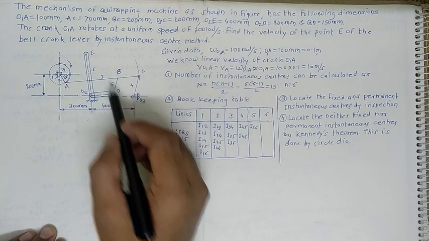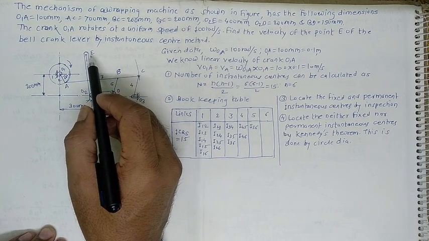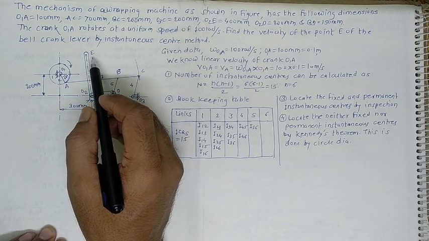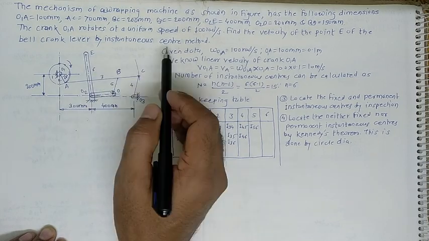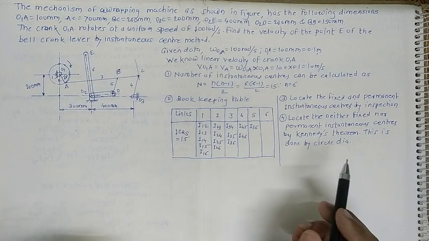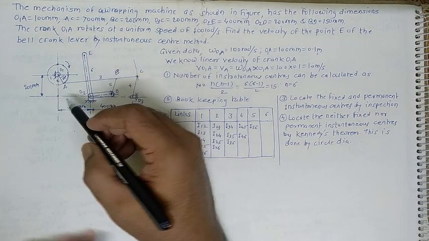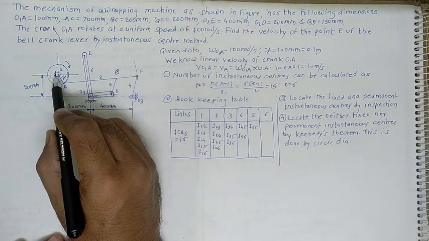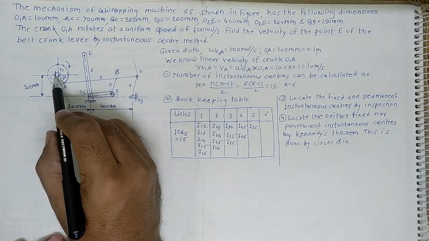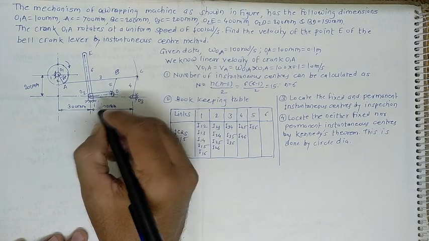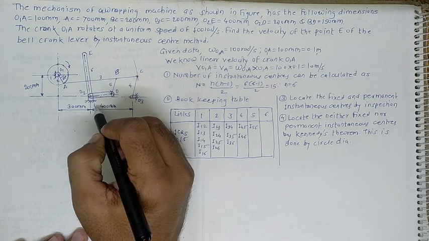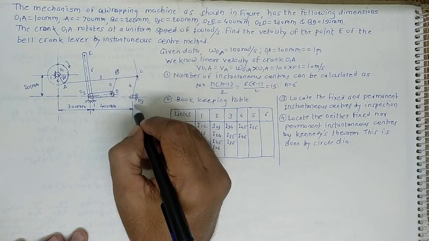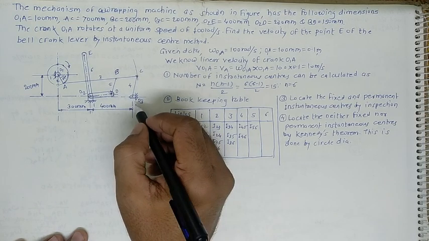Our ultimate aim is to find the velocity of the point E of the bell crank lever by ICR method. So for that, give the proper numbers. One number should be given for the fixed link. So here is the first link, and here is also a fixed link, so give the same number for this one also. Here is the fixed link too, so give the same number for this link also.